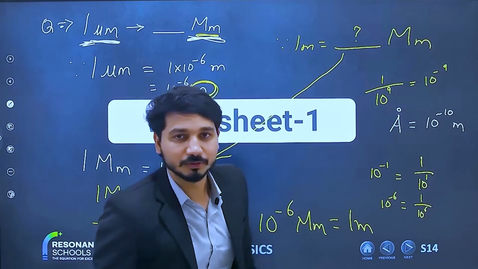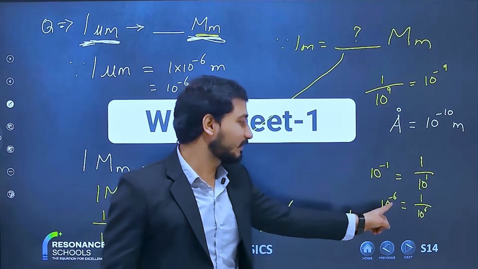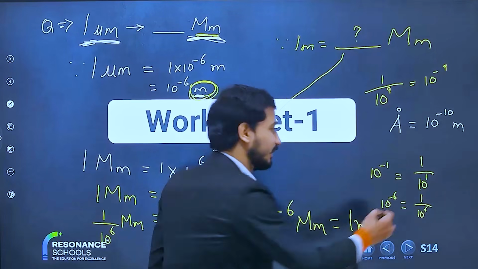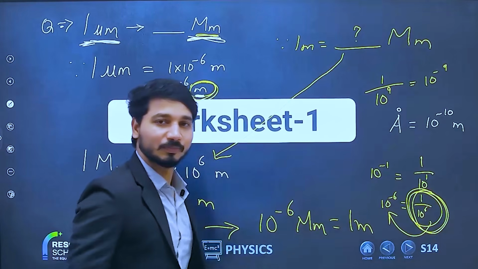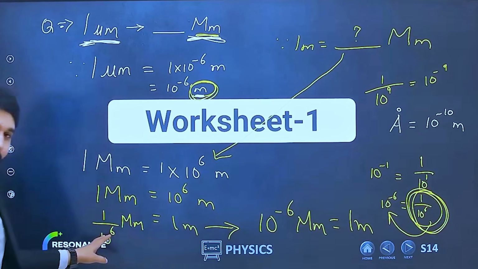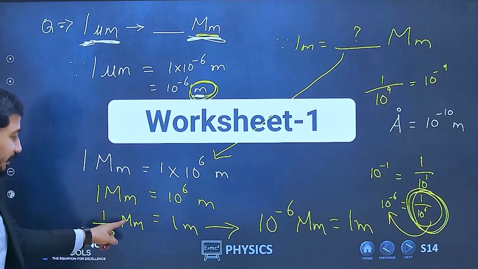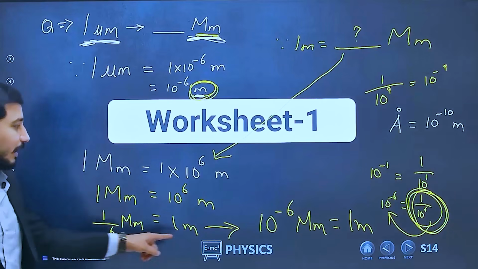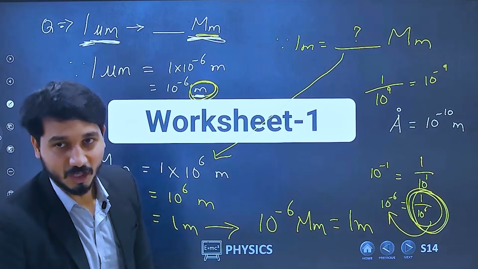Yes or no? It's the same maths I applied over here. 1 by 10 to the power 6 megameter is equal to 10 to the power minus 6 megameter. That's it. Now we got the value.